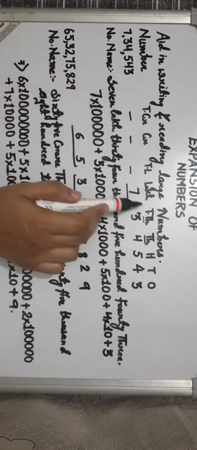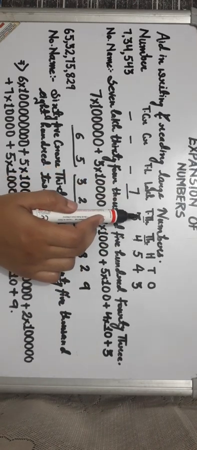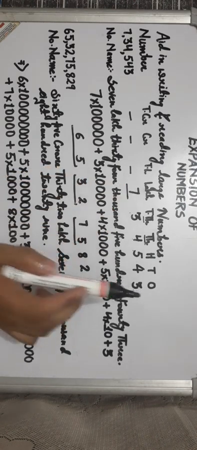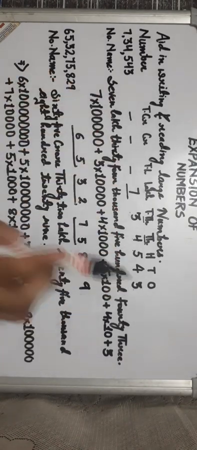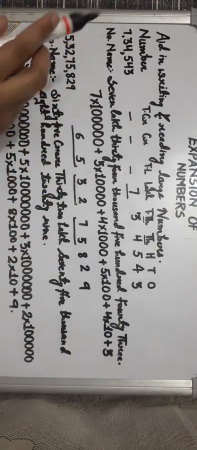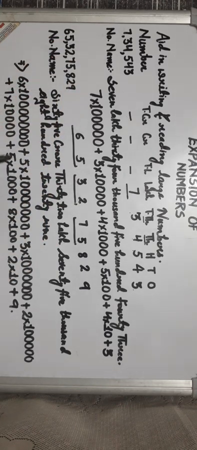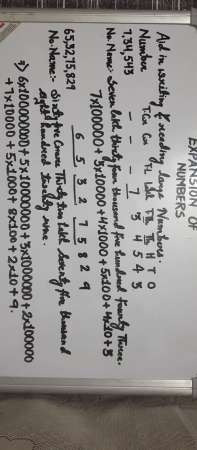Like in lakhs we have 5 zeros because after lakh it has 5 digits. So with this table, this approach, we can read numbers easily, and we will also tell the position of a number, what is its place value, and this will also help in expanding our numbers by just looking at these. I hope this will help you.